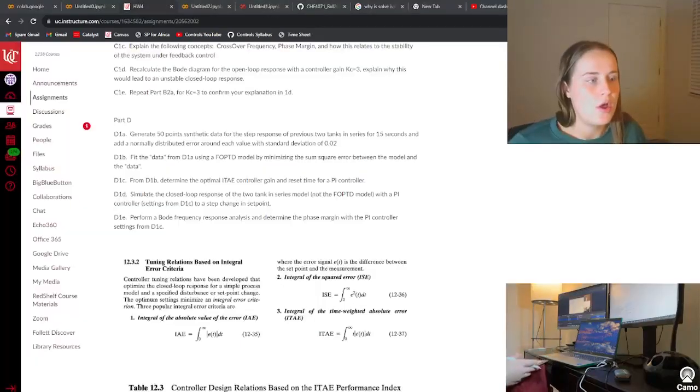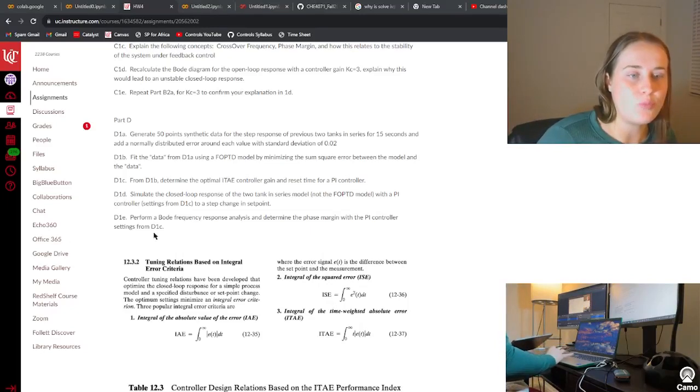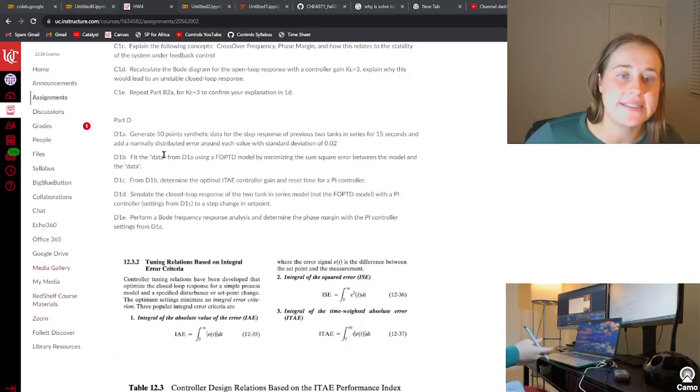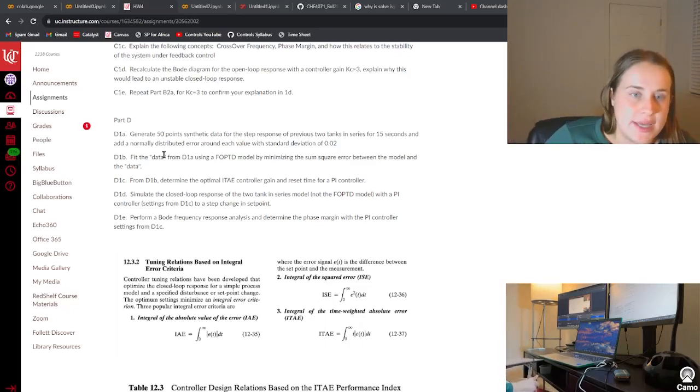Okay, so here we have question D1. Basically we want to fit the data from D1A using a FOPTD model, which is a first order plus time delay model, by minimizing the sum square error between the model and the data.